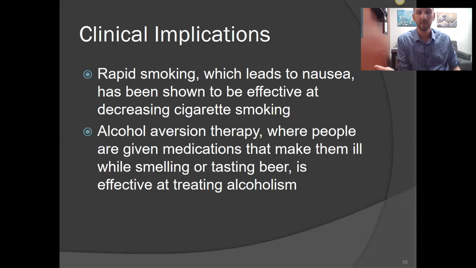So it's taking advantage, again, of this taste aversion, and it makes people averse to alcohol, and so it can help some people in their recovery. If they do have a slip, they can have a very negative reaction, and as a result, the next time they're thinking of drinking a beer or alcohol, they might actually get a bit of a physiological response to it.